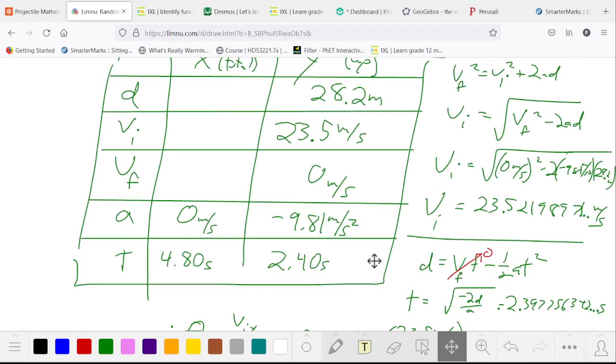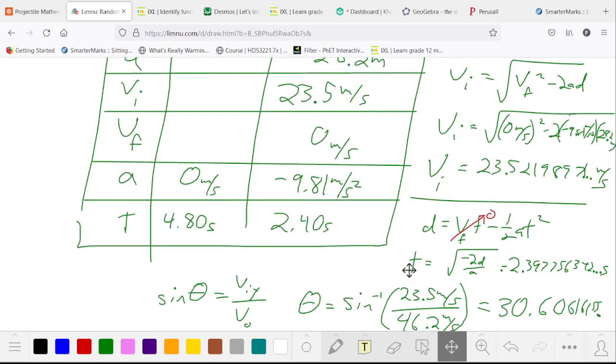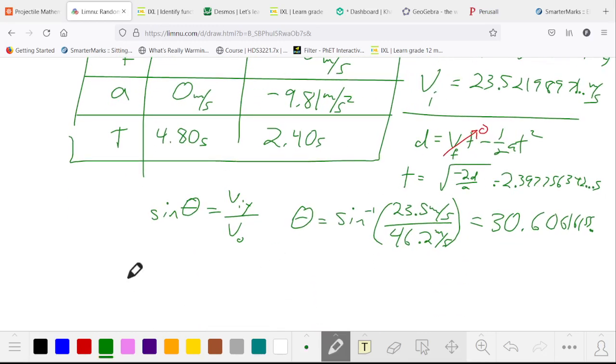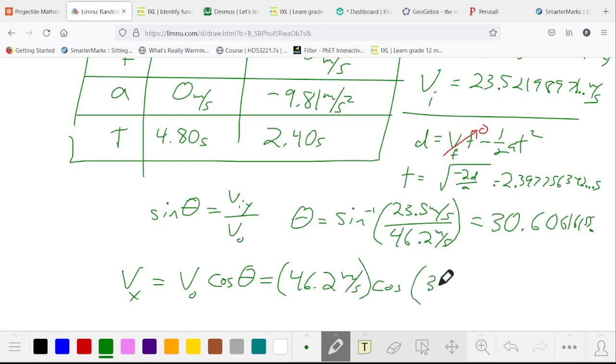So that is now a big piece. That means our Vx, which is V naught cos theta, is 46.2 meters per second times the cosine of our 30.6061615 degrees.